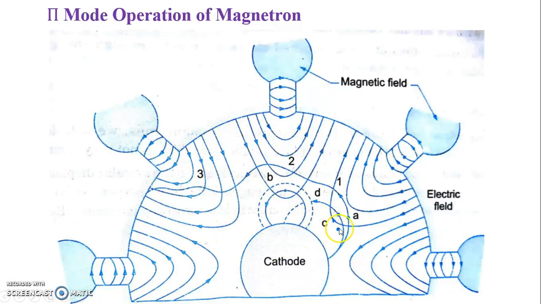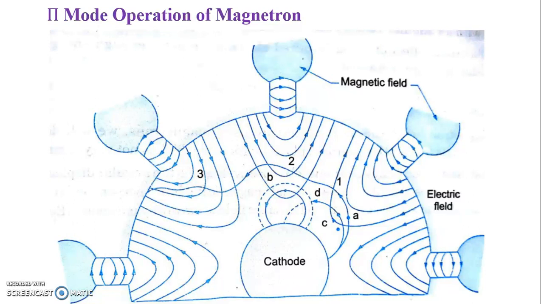Similarly, electron C, which is emitted a little later than the one in the correct position, moves faster and tries to catch up with electron A, and the electron emitted at D will slow down to fall back in step with electron A. This results in all favored electrons like A, C, D forming a bunch and being confined to spokes or electron clouds.